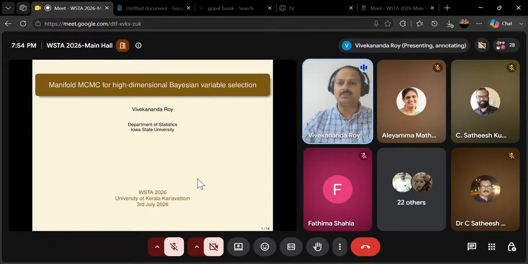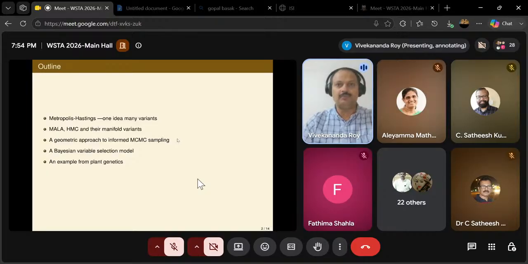So I'll use those materials as we move. Markov chain Monte Carlo algorithm is a widely used method for sampling from intractable distributions in statistics, machine learning, physics, and chemistry.